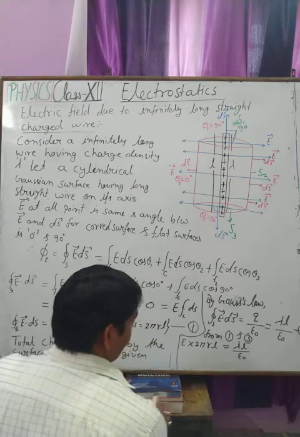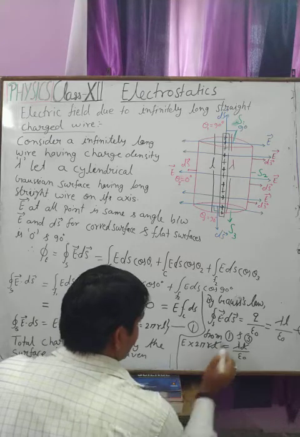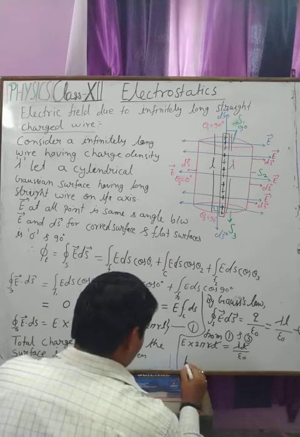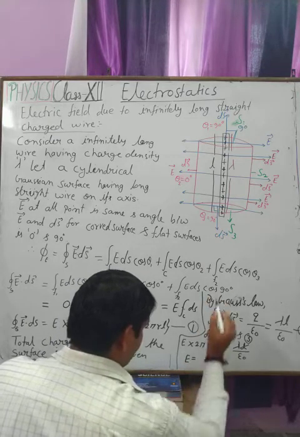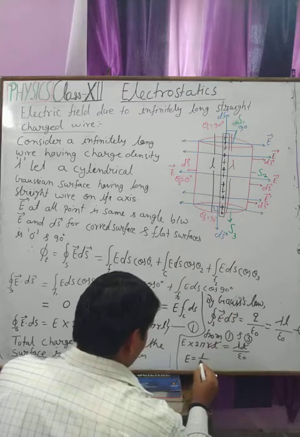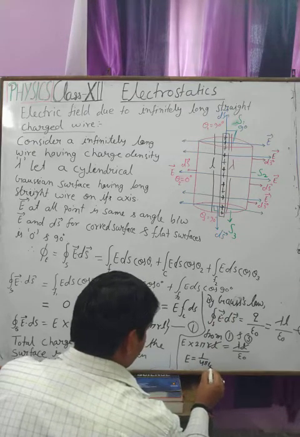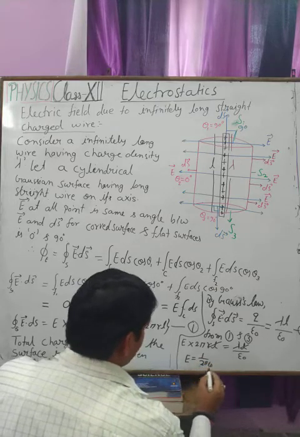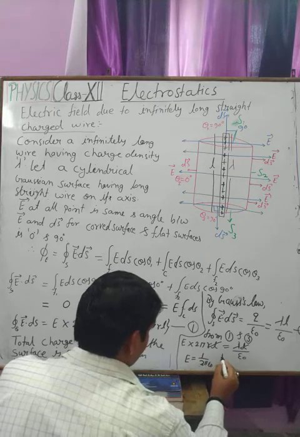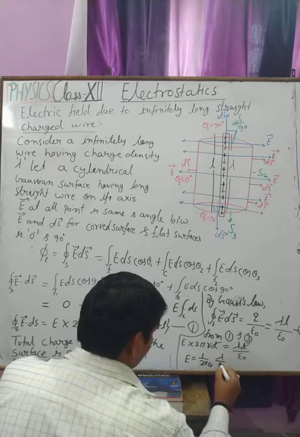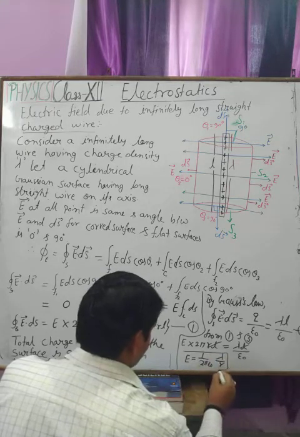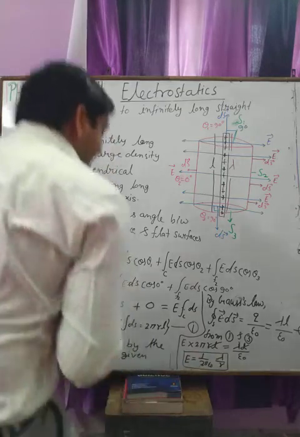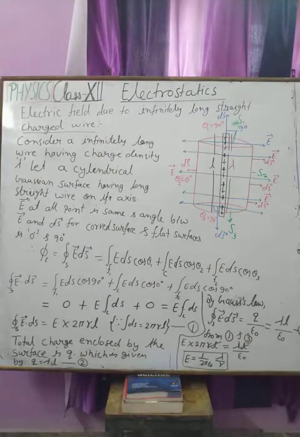Now student, this L is cancelled and we are getting the value of electric field due to the line charge wire as 1 upon 2 pi epsilon naught lambda upon r. This is the electric field due to the straight long wire. Copy this.